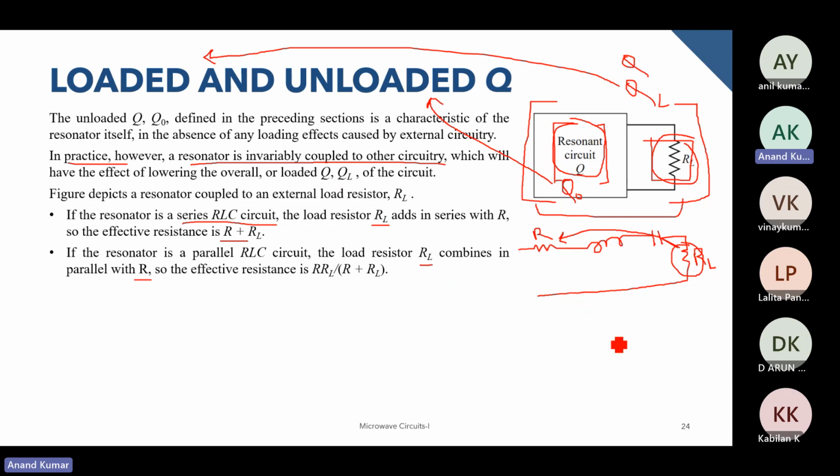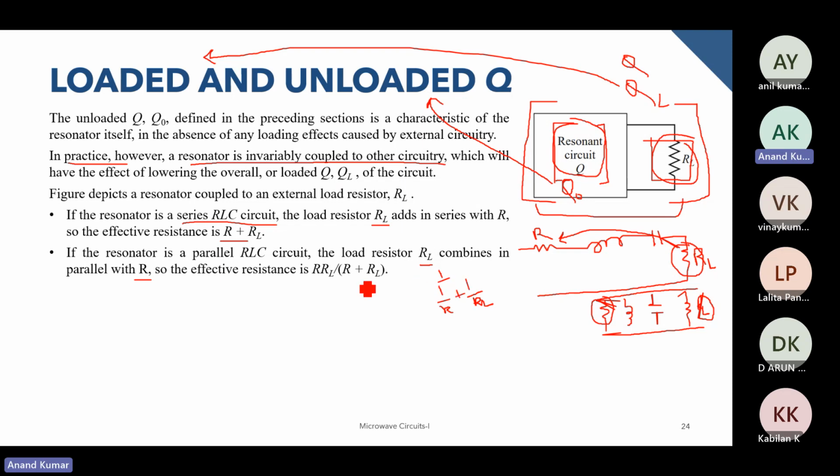And in case of parallel RLC circuit, if you have this R, L, C, and then there is another RL over here, this RL will be in parallel with this R. So the effective resistance will be 1 by R plus 1 by RL.